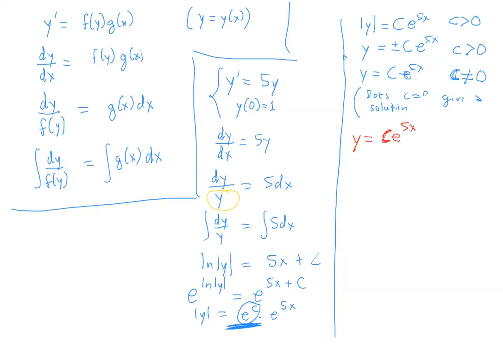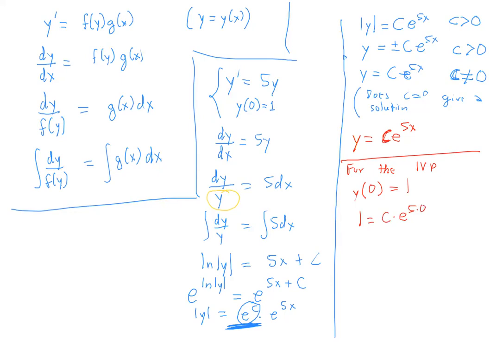Okay, and remember I had an initial value problem. So for the initial value problem, I have y of 0 is equal to 1, which means that 1 should be equal to c times e to the 5 times 0.